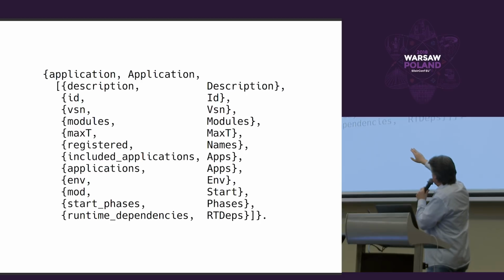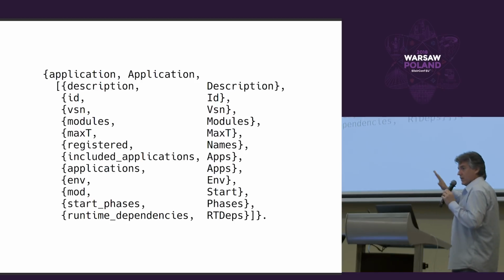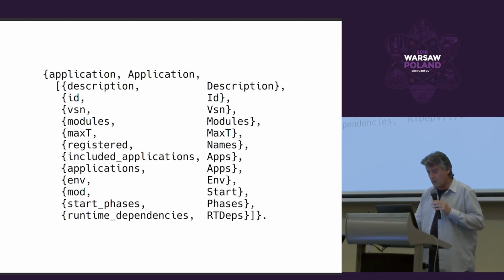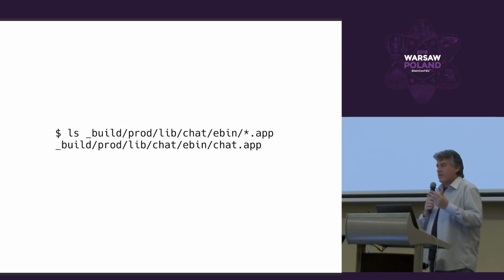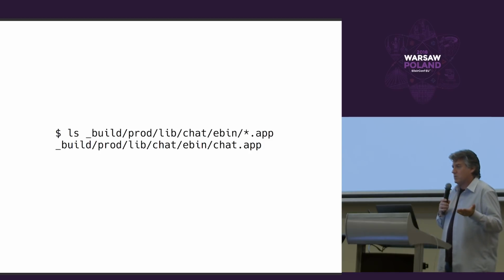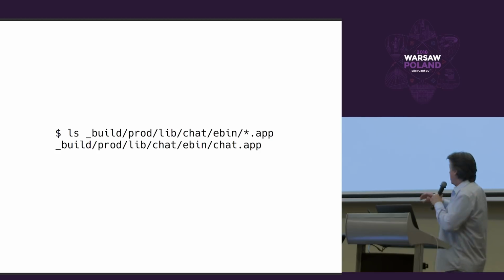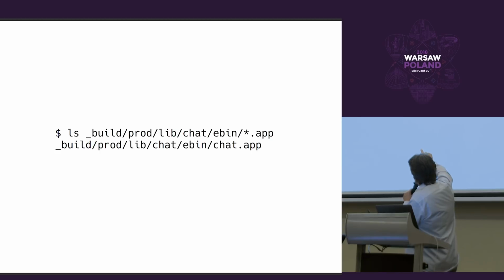The description, the version is called BSN here. So there's a translation of the key, but there's a mapping. And you may say, I have never written this. What's going on? Well, it's generated by Mix for you. So for a chat application, you will see a chat.app file in your ebin directory.